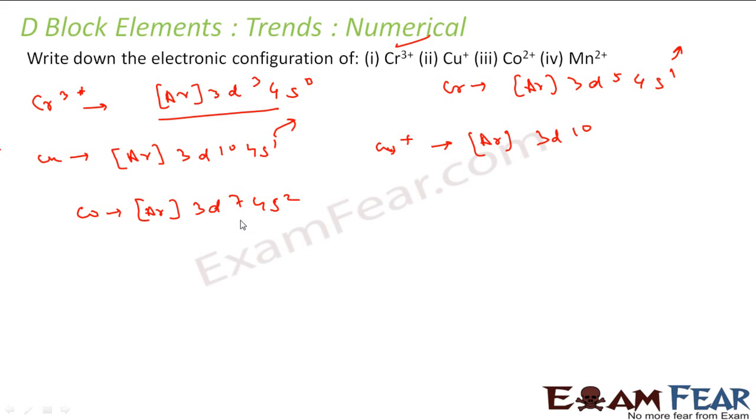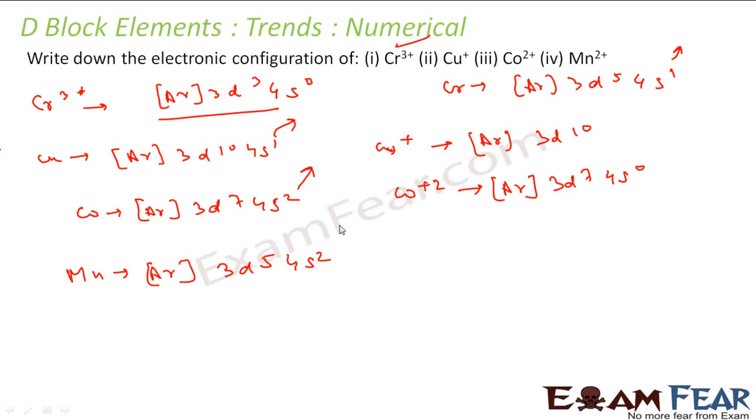To make Co2+, 2 electrons come out of the 4s orbital, so Co2+ will be Ar 3d7 4s0. Similarly, manganese is argon 3d5 4s2. Take out 2 electrons from the 4s orbital, and Mn2+ will be Ar 3d5.